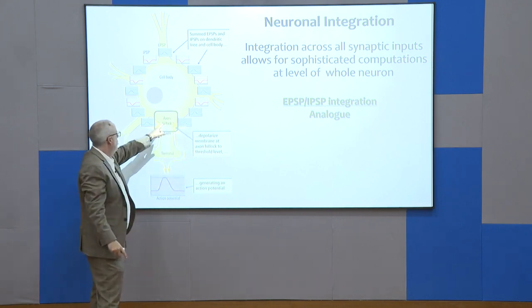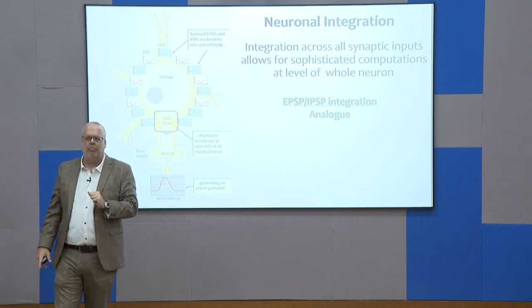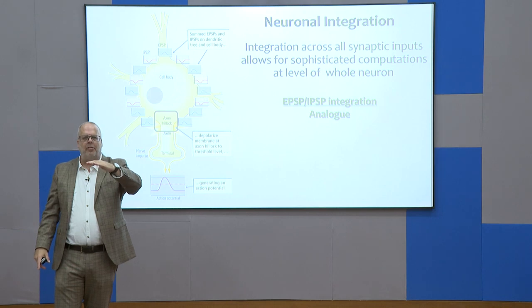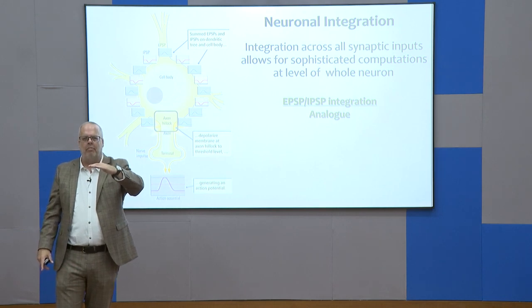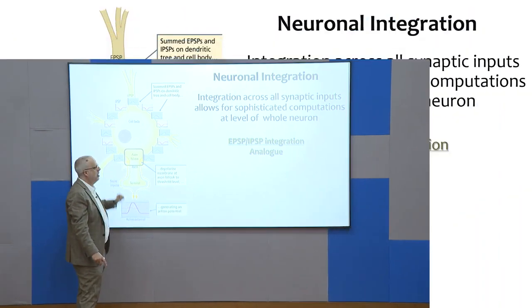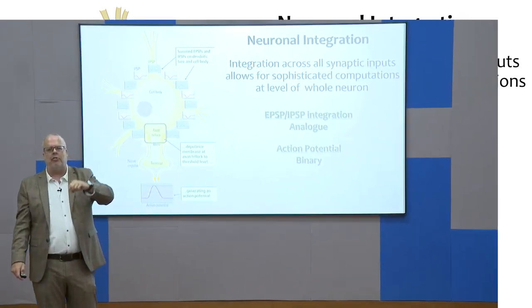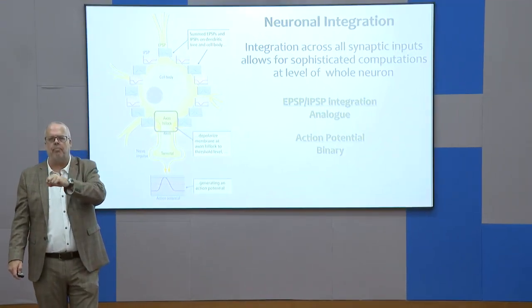And ultimately, what we really care about is the membrane potential of the axon hillock. That's sitting at its resting membrane potential of negative 70. If we have sufficient excitation, that is, enough EPSPs occur close together in time, ultimately that's going to cause the axon hillock to depolarize to threshold. Once threshold is reached, an action potential is automatically generated each and every time.